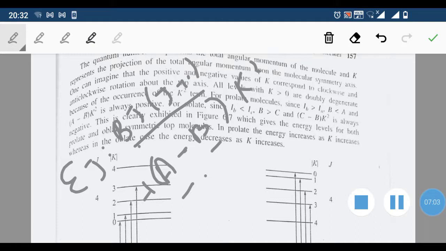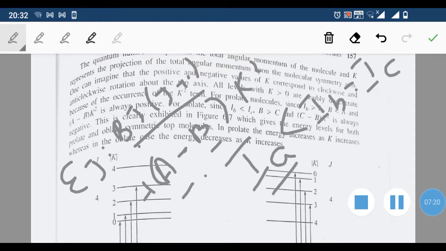So first of all, we can see what is the difference of A and B in the case of prolate symmetric top molecules. In the case of a prolate symmetric top molecule, we have I_A less than I_B equal to I_C. Usually I_A is less than I_B. So I_A is less than I_B means, what about A?